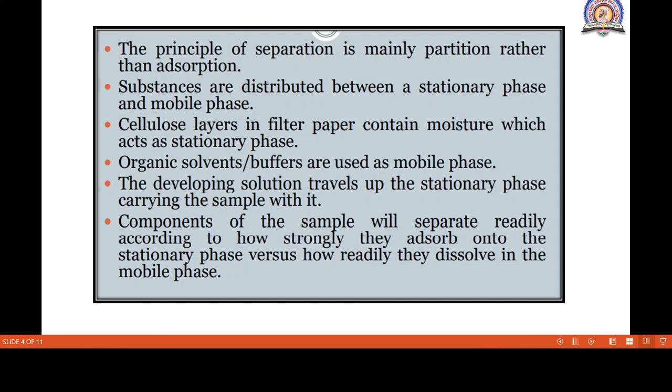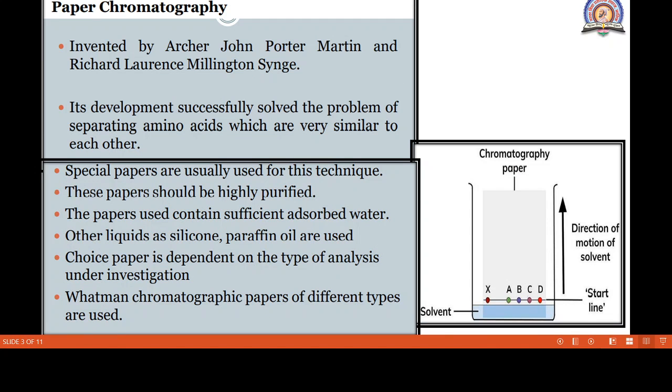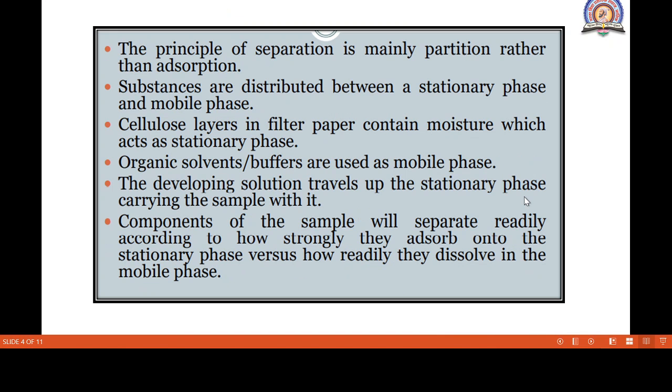Okay, the developing solution travels up the stationary phase carrying the sample with it. Okay, so in the previous figure we see that the solvent moves in upward direction by the capillary action.